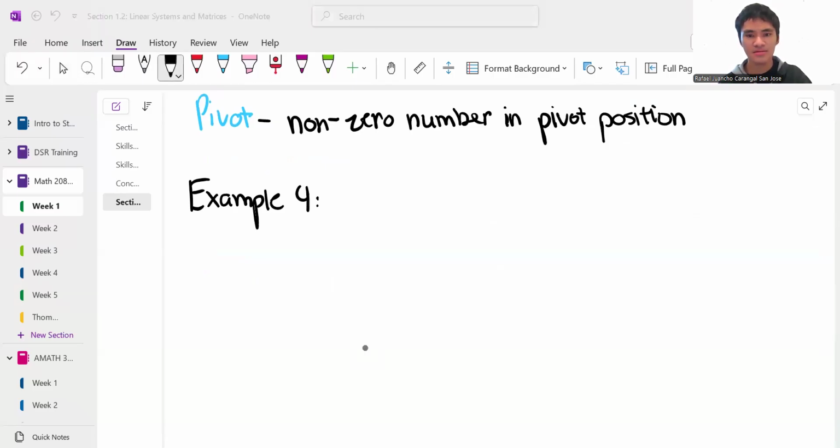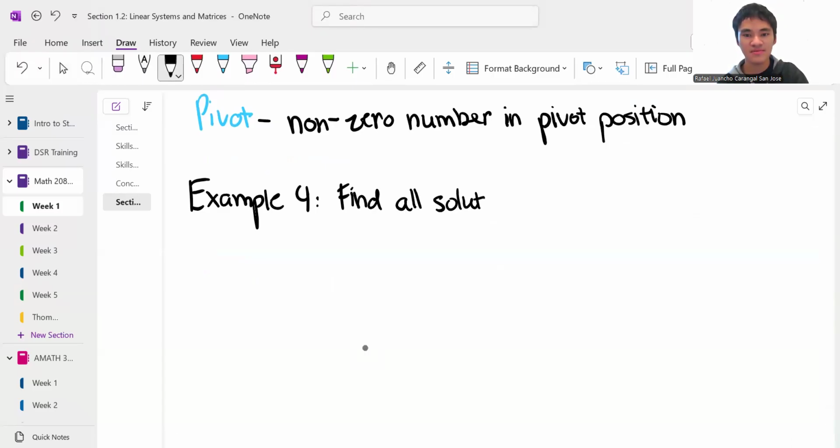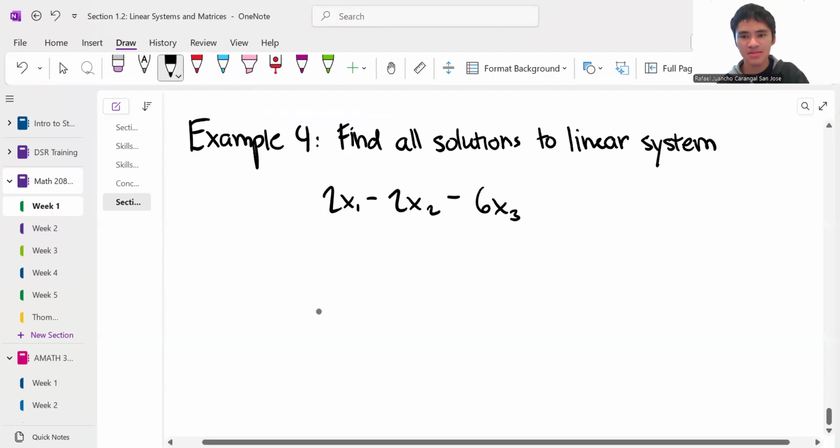Here we want to find all solutions to the linear system: 2x sub 1 minus 2x sub 2 minus 6x sub 3 plus x sub 4 equals 3.